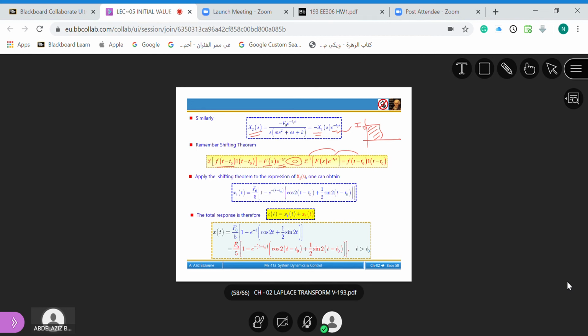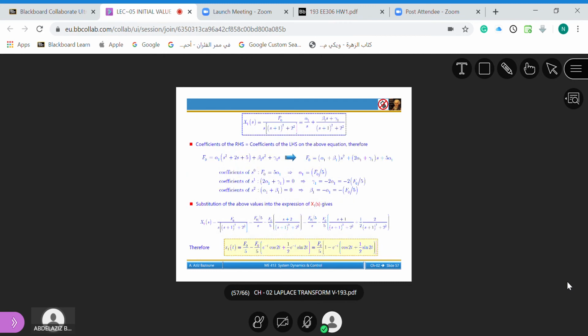So x2 will be, in this case, we know x1. Since we know x1, x1 is this expression here. We found it. So now if I want x2, I will substitute every t by t minus t0.